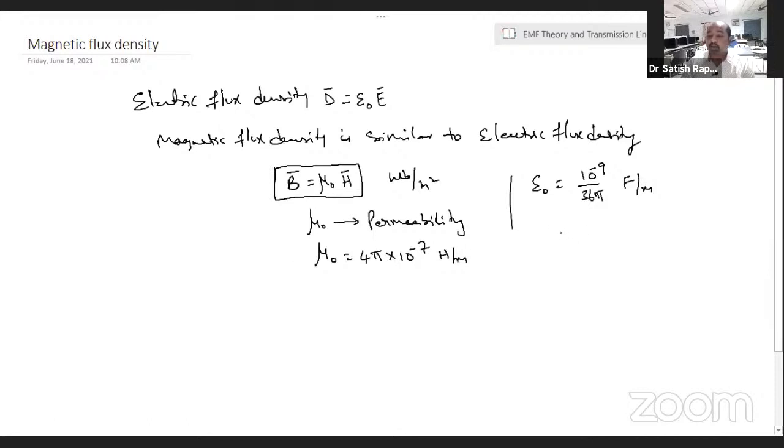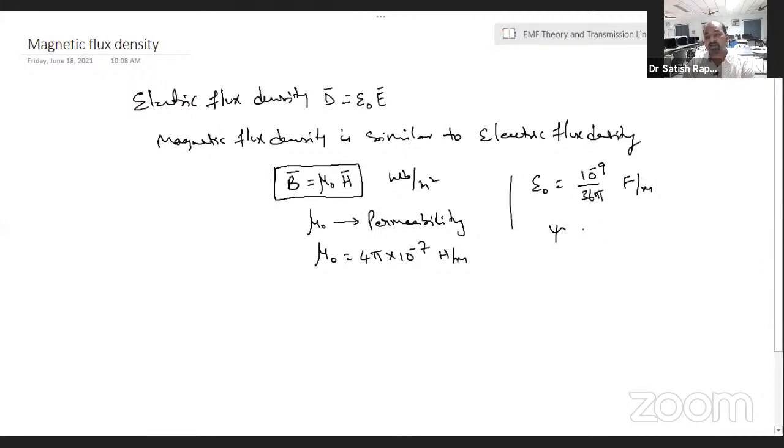Similarly, in electrostatic fields we have electric flux density, and here magnetic flux density, electric flux, magnetic flux. So what is electric flux?